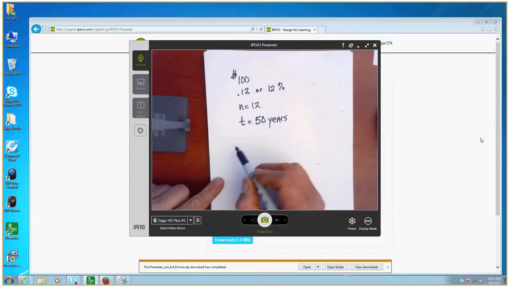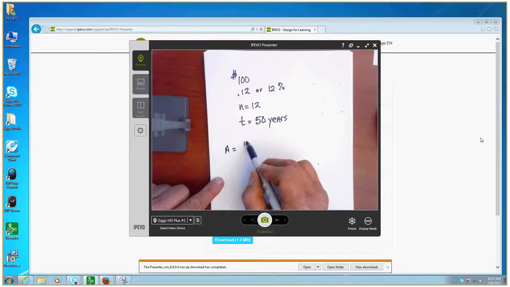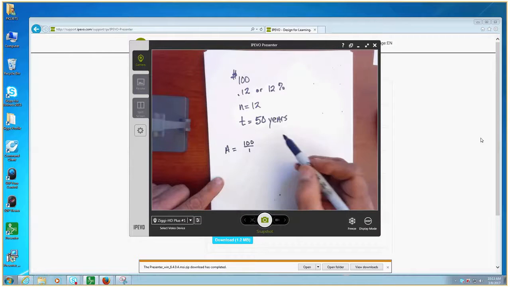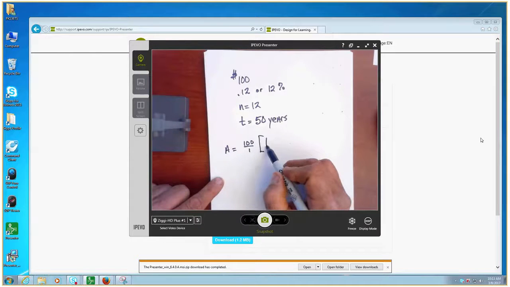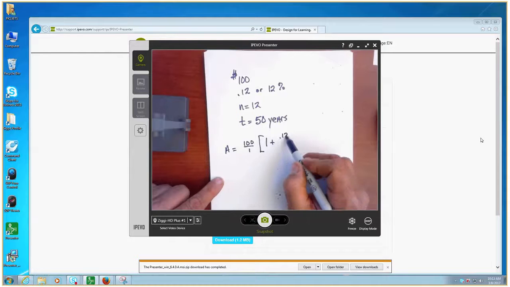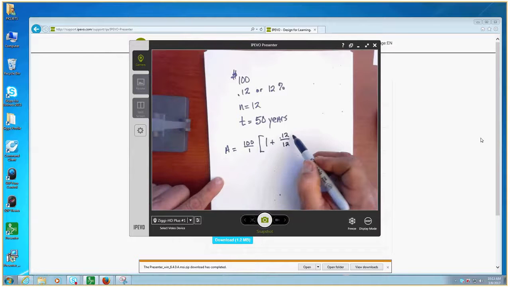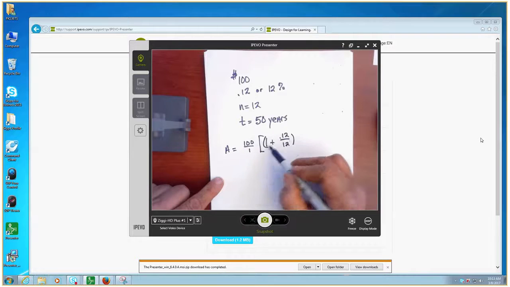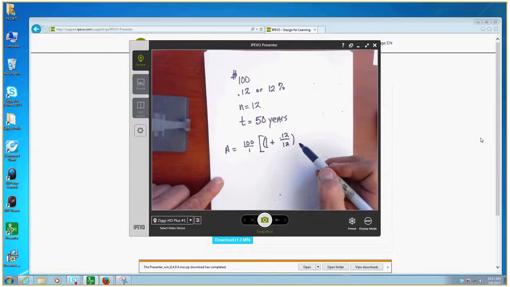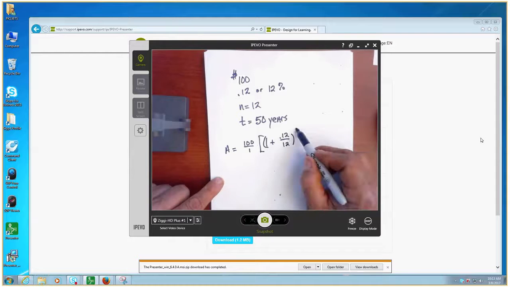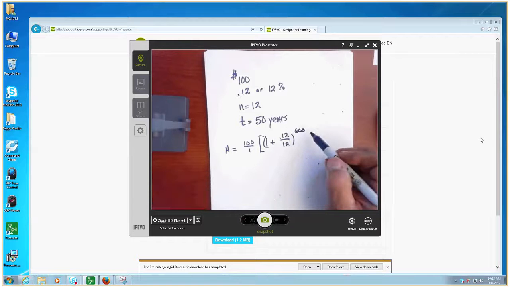So A is equal to 100 over 1 multiplied by 1 plus 0.12 over 12, raised to NT. 12 times 50 would be 600.